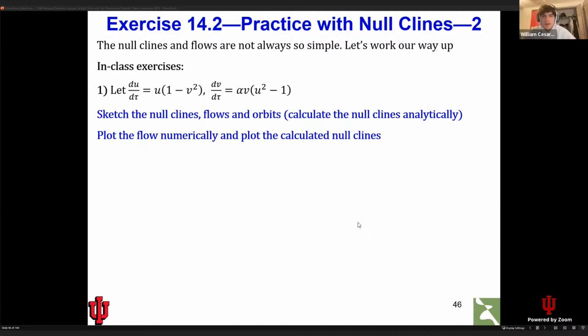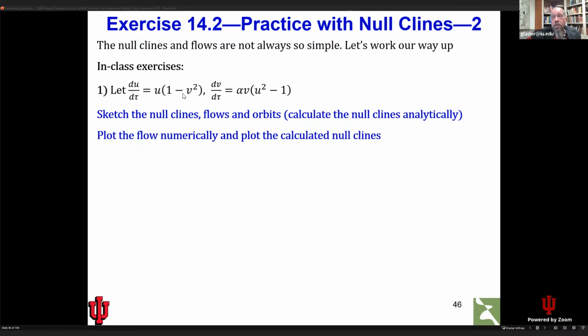No. I didn't get it. I don't know how to do it. Pedro, could you share your code in the chat? Sure. And then William, if you want to try to make sure, because I don't want anybody to get lost.